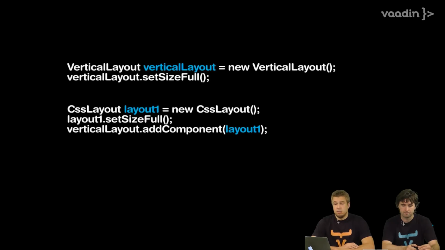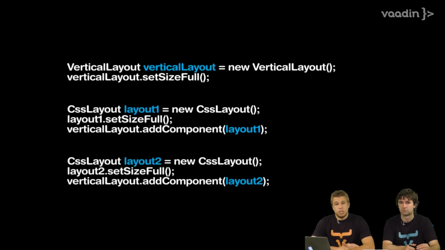If we add now, let's say, 2 CSS layouts into our vertical layout, which is the UI content, and define that both of these layouts should take 100% of the size, what does it actually mean to say that 100% of the parent size?